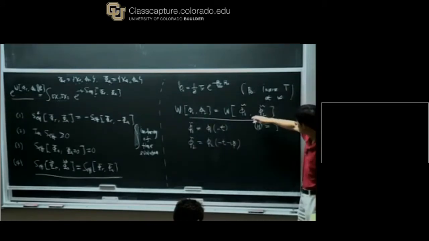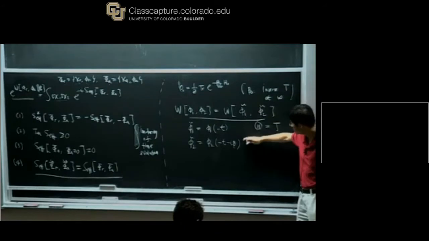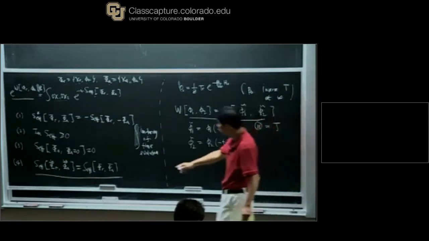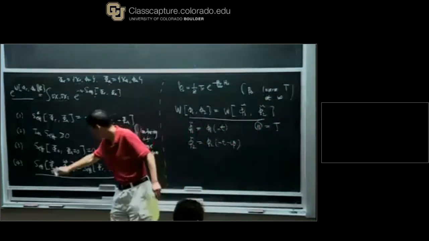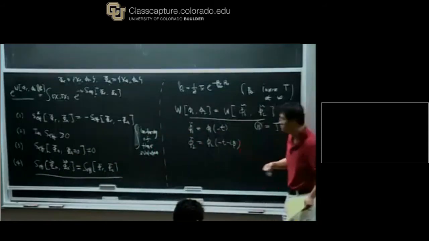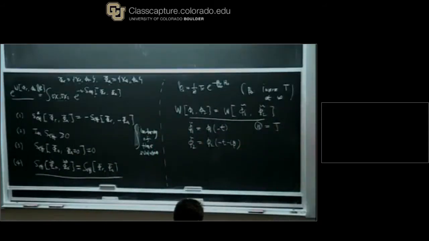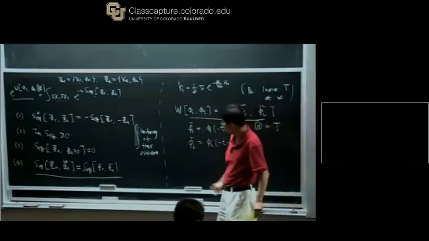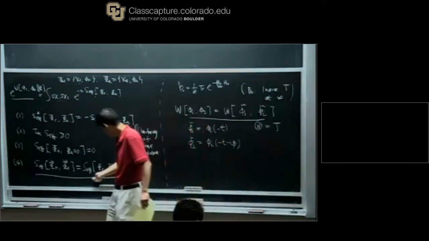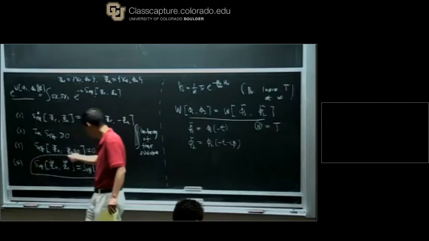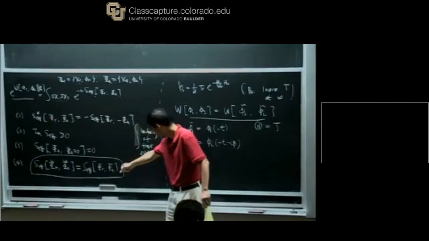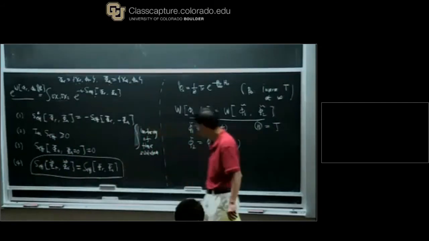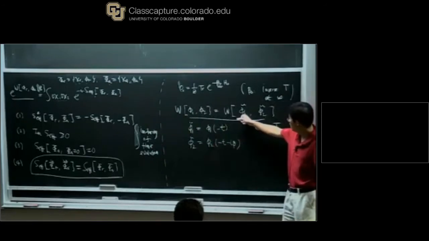And in order for the generating functional to satisfy this condition, you also need to require your dynamical field to satisfy a certain Z2 transformation. So the claim is that if your effective action is invariant under this Z2 symmetry, then that will ensure it.